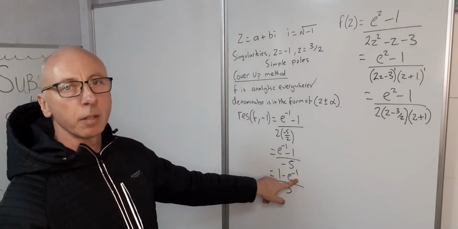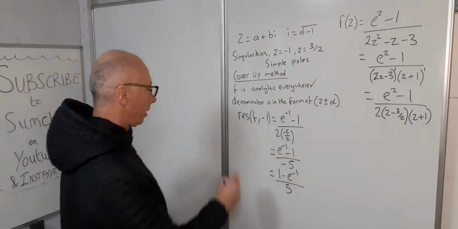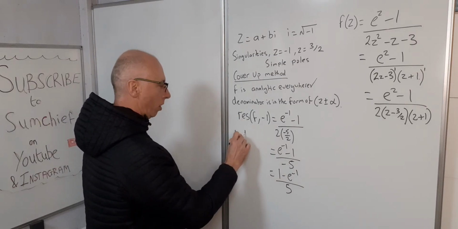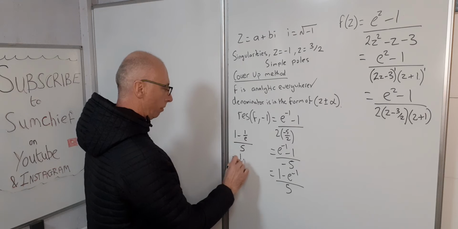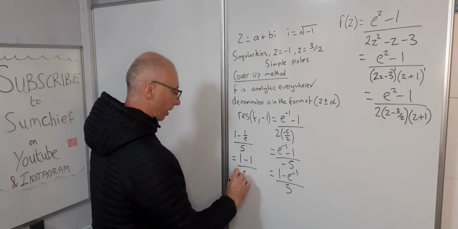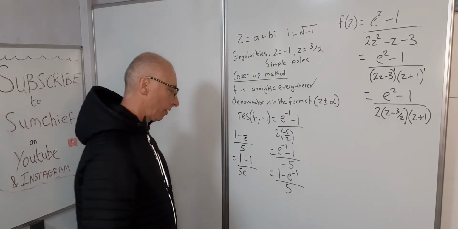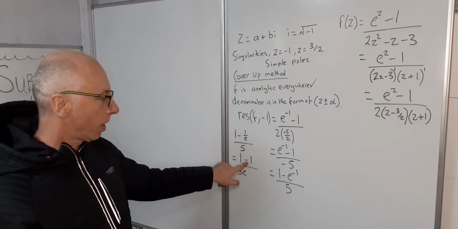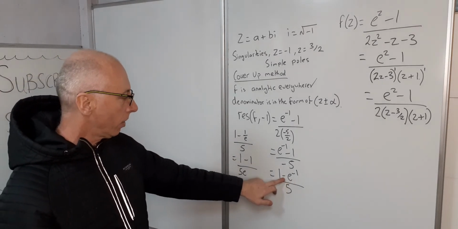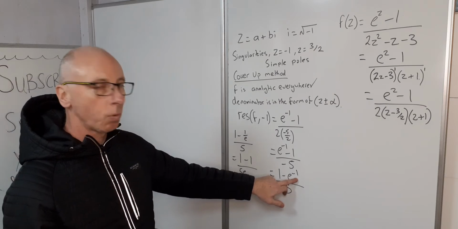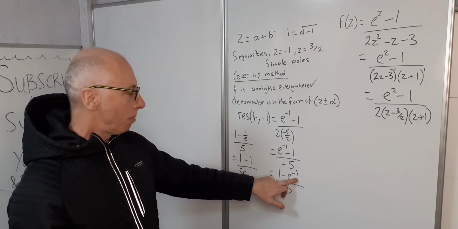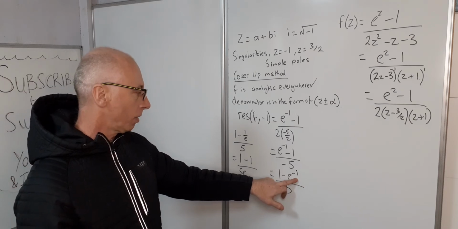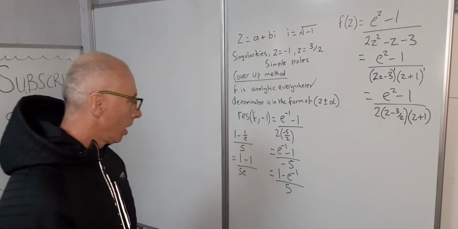Now here, with e to the minus 1, don't be tempted to write 1 minus 1 over e over 5, which equals 1 minus 1 over e times 5, and say you get a 0 on top. This is clearly not 0. 1 minus e to the minus 1 is something around 0.6, 0.7, something like that.